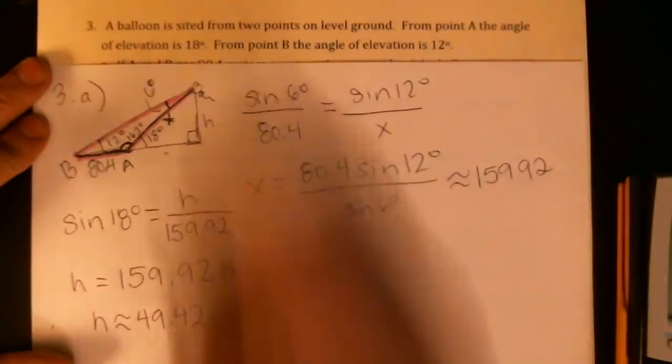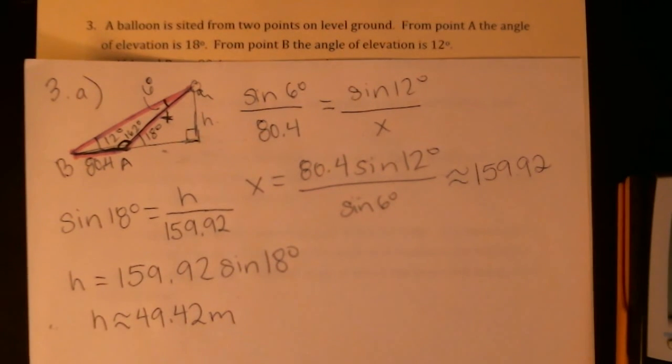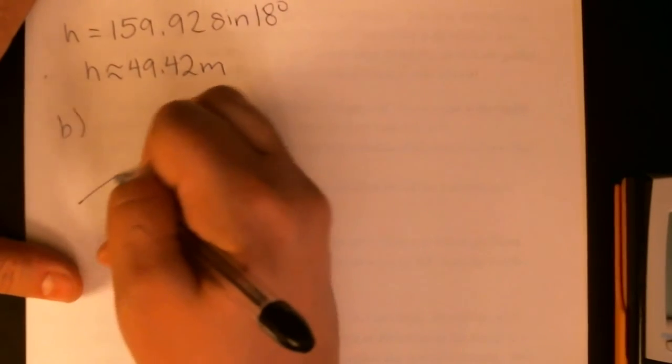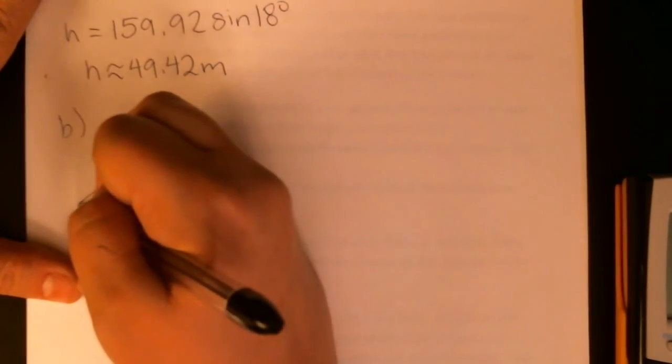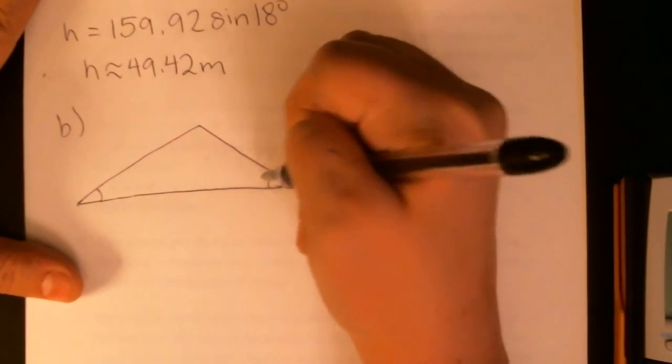For part B, we're just going to change up the picture a little bit. We're going to say person at point A, person at point B, and the balloon are still all in a straight line, but now A and B are on opposite sides of the balloon. So for that picture, let's see, I would say we have our 12 degrees and our 18 degrees, and again, not really to scale.